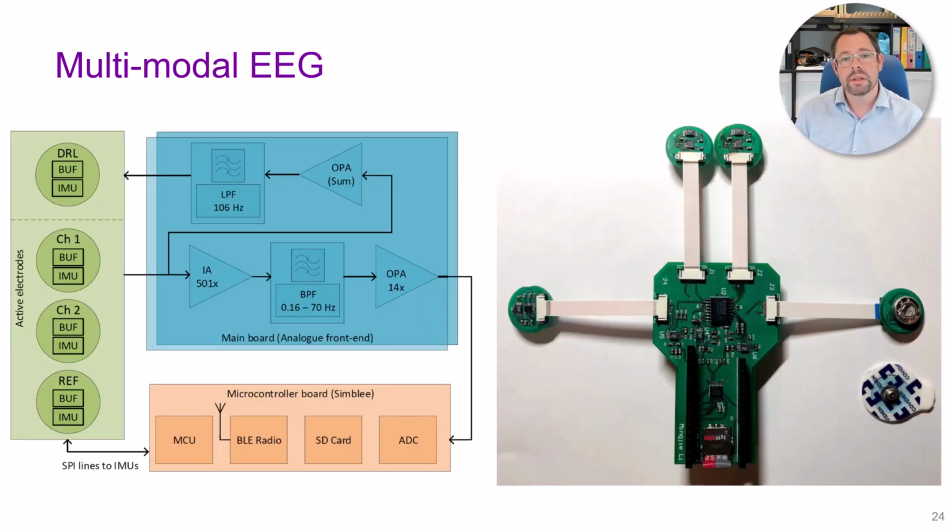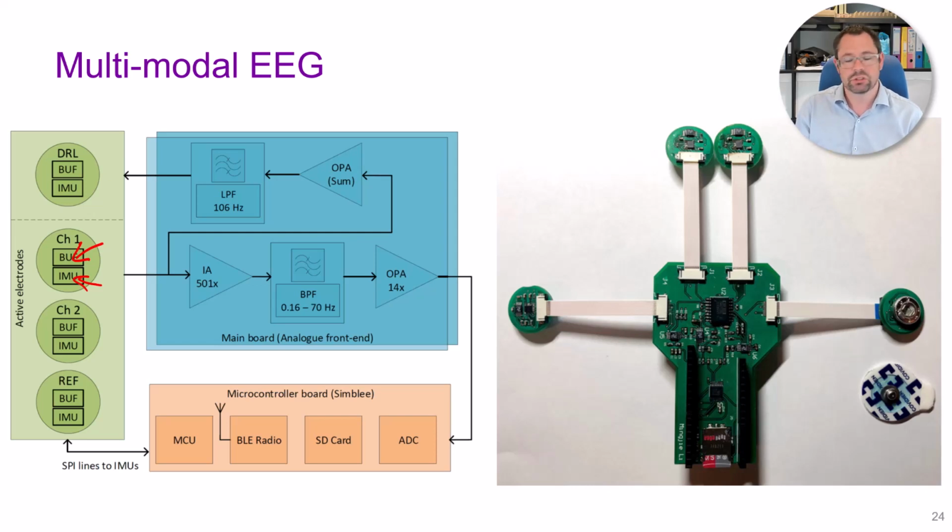In my lab, we've done lots of thinking about next generation EEG hardware. Here we've got an example where each electrode is not just an active electrode, where there's an amplifier on it. We've also got what's called an accelerometer, so we're measuring the movement of the electrode, and the idea is that we can use that to help us remove any artifacts that we obtain.